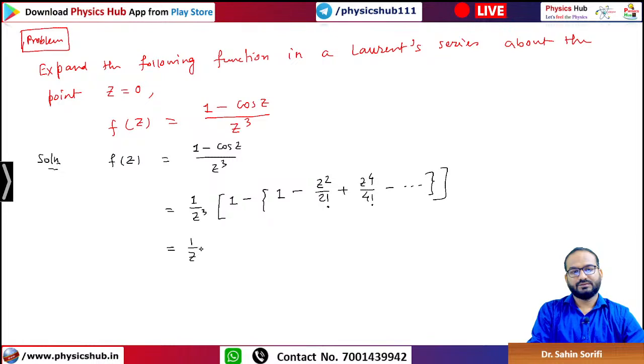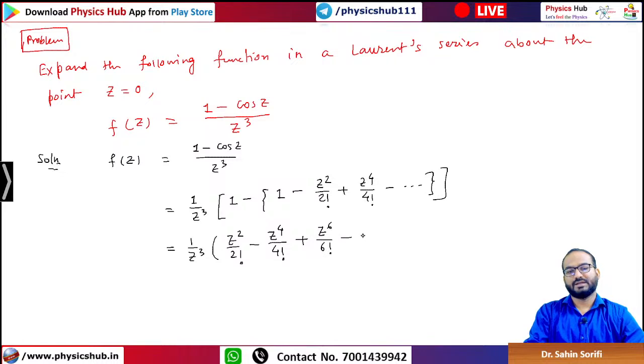So 1 upon z cube times 1 minus 1 cancelled, minus minus plus, z square by 2 factorial minus z to the power 4 by 4 factorial plus z to the power 6 by 6 factorial minus dot dot dot.